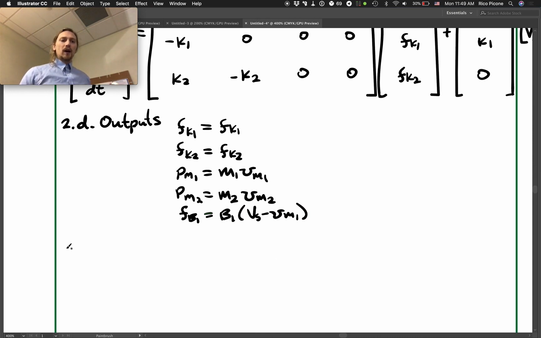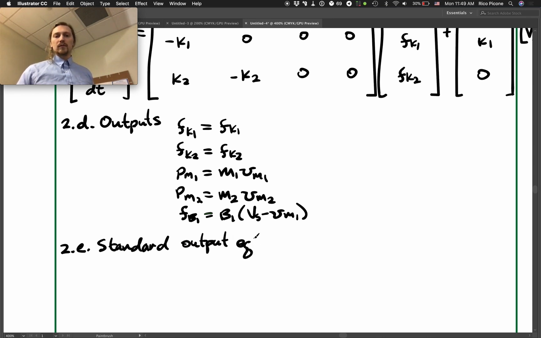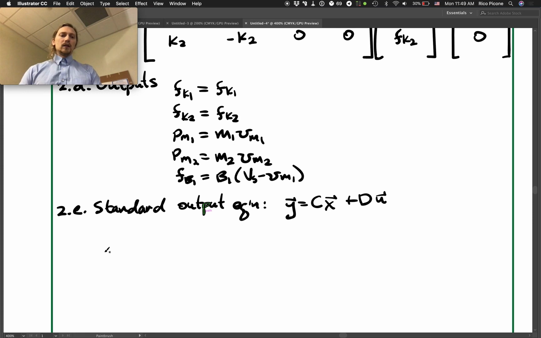Okay, so let's do our standard output equation. We know that it's going to be y equals Cx plus Du, and our y vector, output vector, let me get classy now, is Fk1, Fk2, Pm1, and Pm2.